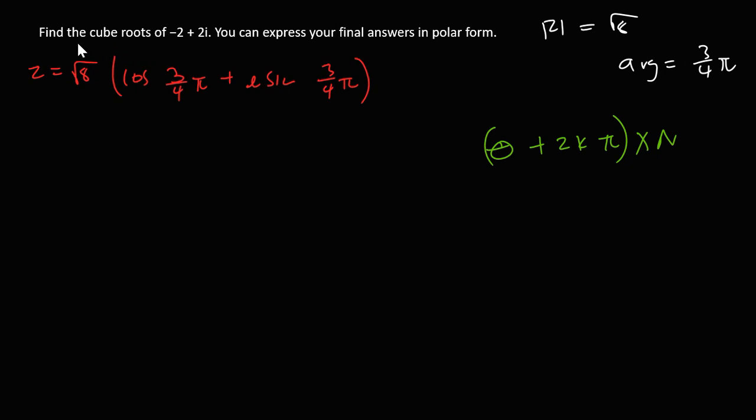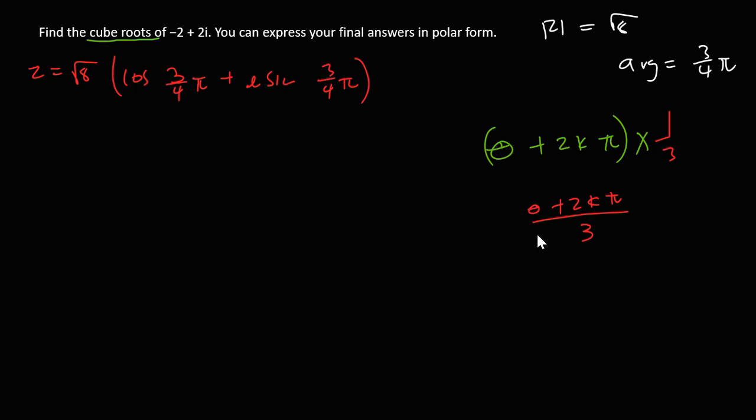In this case, for the cube root, n is 1 over 3, right? So let me remove this n and put 1 over 3. So this becomes theta plus 2k pi, all over 3.